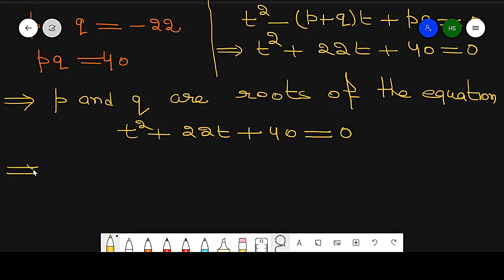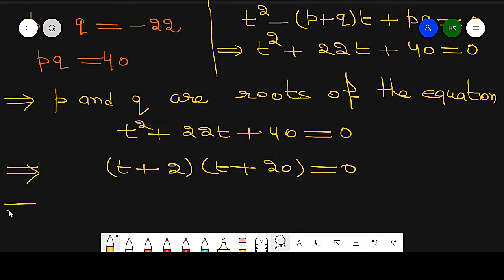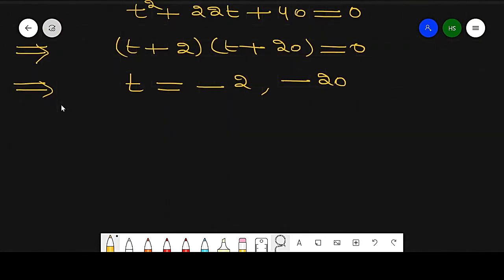This can be written as (t plus 2)(t plus 20) equal to 0. It implies t is equal to minus 2 and minus 20. Now the two roots are minus 2 and minus 20. So let p be equal to minus 2 and q be equal to minus 20.